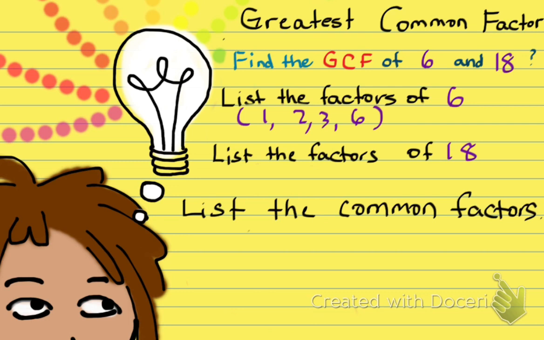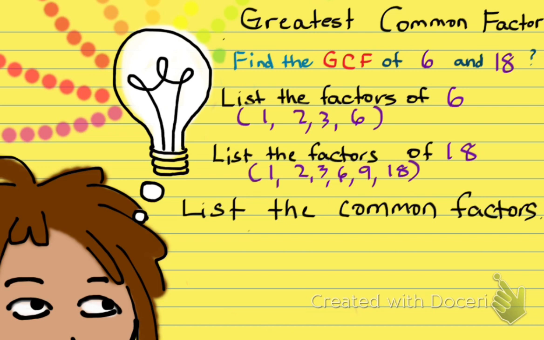Then we're gonna list the factors of 18. So we have 1 times 18 equals 18, 2 times 9 equals 18, and 3 times 6 equals 18. So these are the factors of 18: 1, 2, 3, 6, 9, and 18.